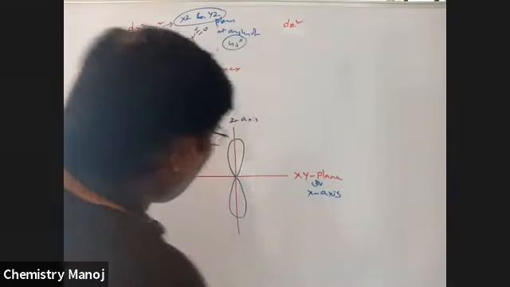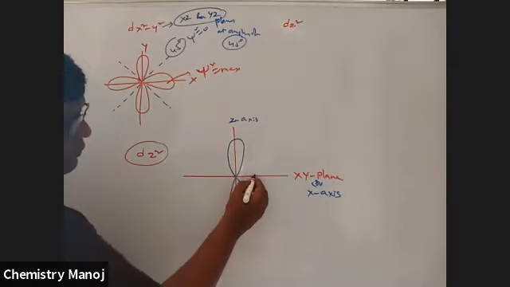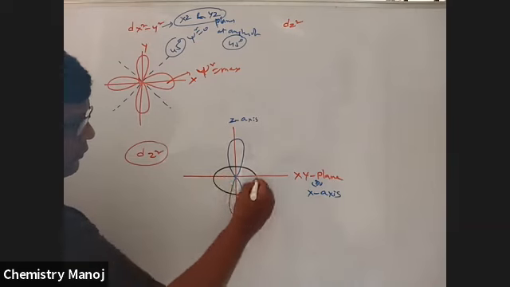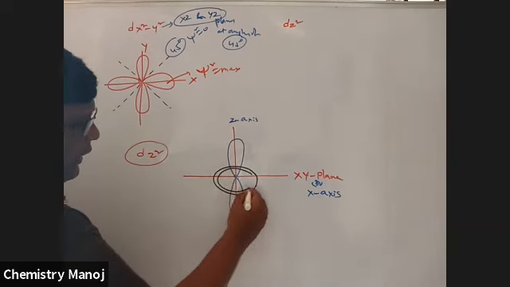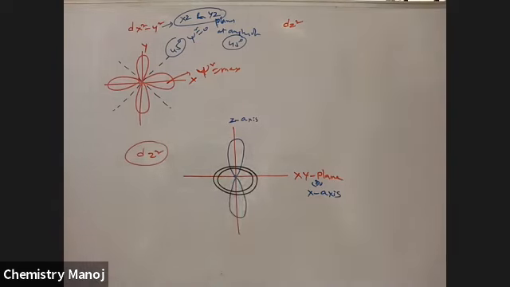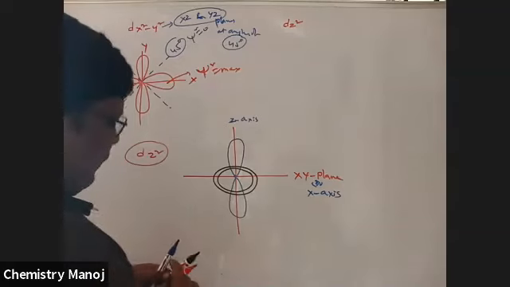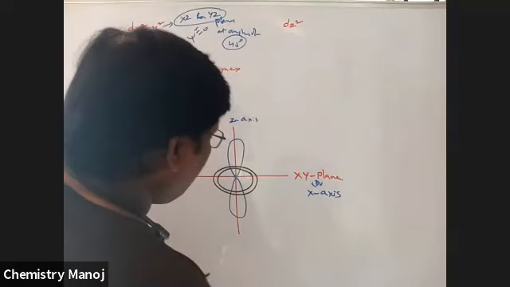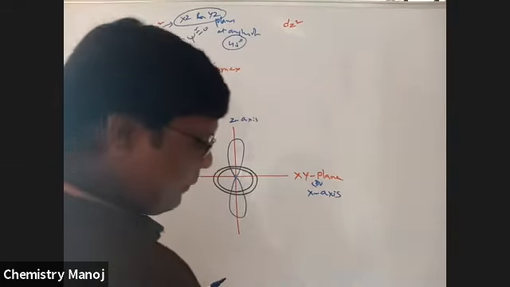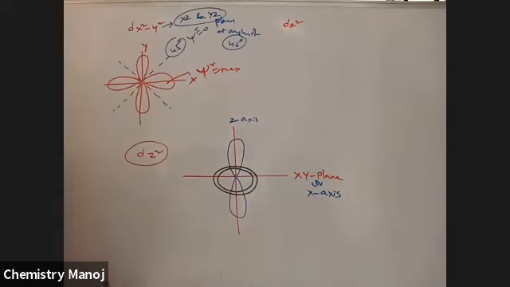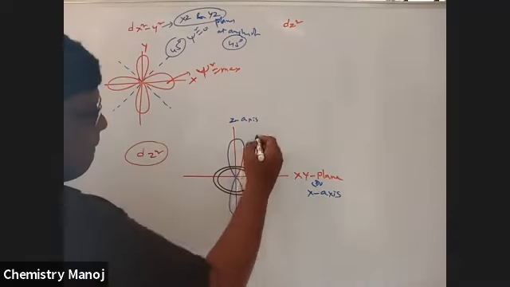Now a torus along that xy plane. This is the z-axis. So for the d z square orbital, there exists a conical surface. See here.